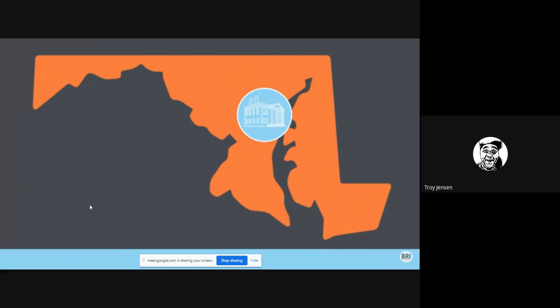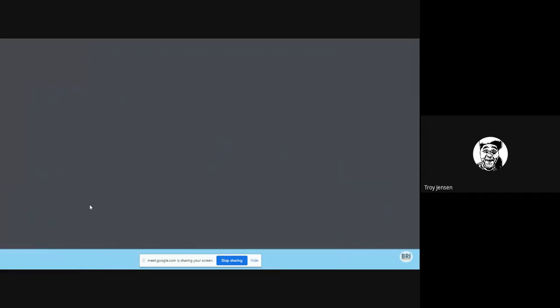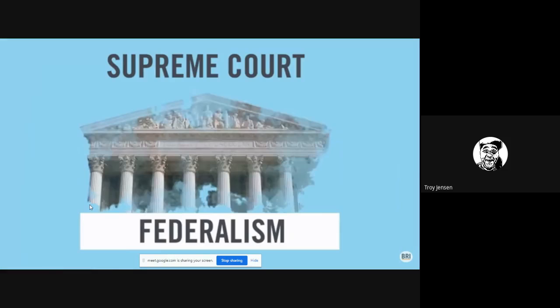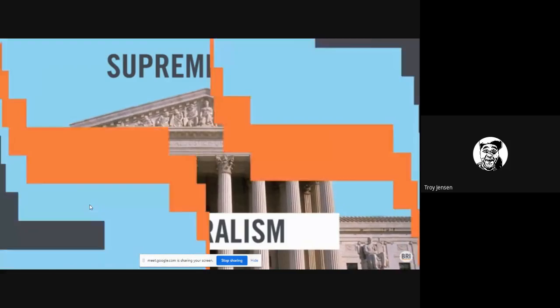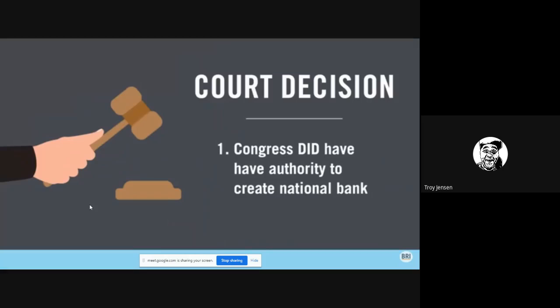Conversely, Maryland argued that it had the right to tax any business in their state. This brought into question whether the establishment of a national bank was constitutional in the first place. So, the important issue of balancing federal and state powers, or the principle of federalism, was taken to the Supreme Court. The court decided unanimously that Congress did have the authority to create a national bank.